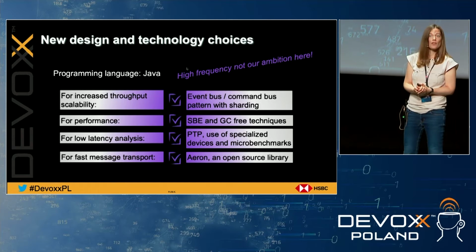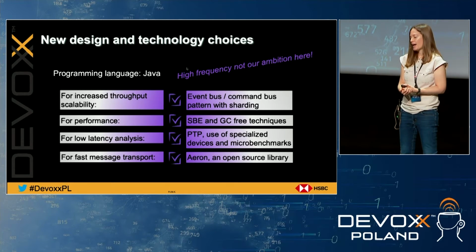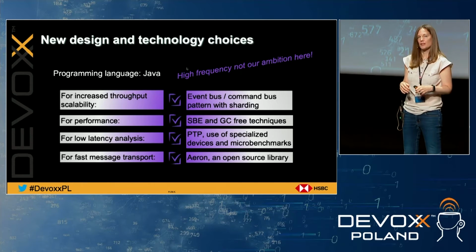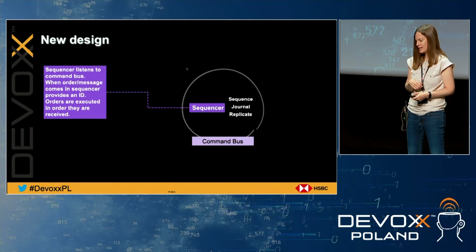A bit also on the network accelerator we're using called Solarflare. And I'll finish with some discussion on the fast message transport, where we've chosen Aeron, which is an open source library.